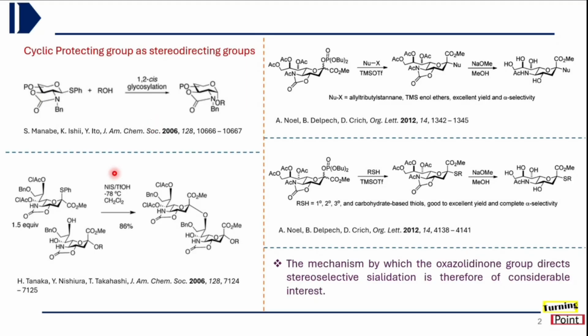A similar concept has been used in sialic acid also. In sialic acid, it is already known that when the C4 oxygen and C5 nitrogen are protected with the cyclic protecting group, it gives the alpha selective O-glycoside, C-glycoside or thioglycoside also.